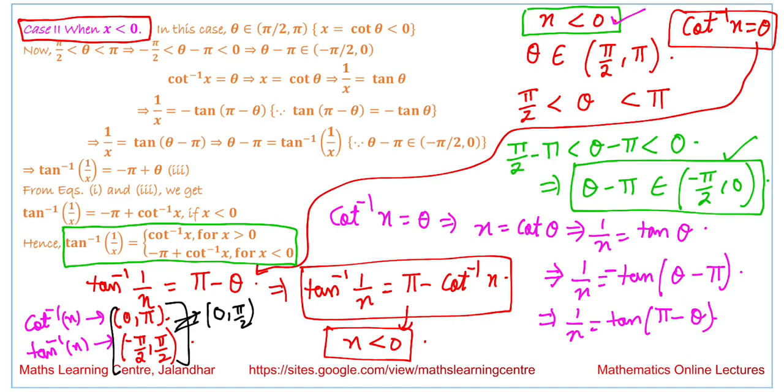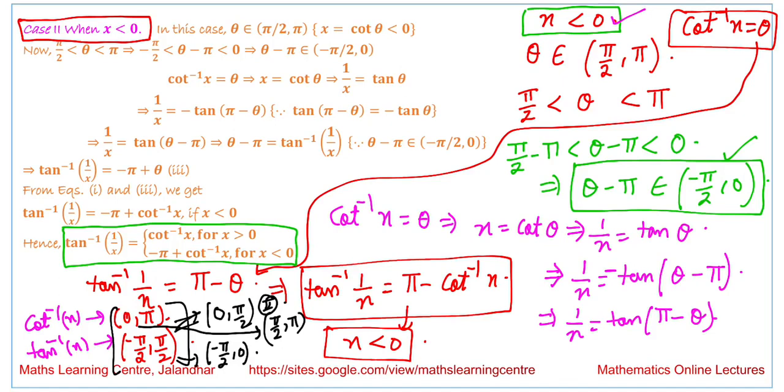So we obtain tan inverse of 1 by x equal to cot inverse of x. But for the negative values of x, the value of theta lies between pi by 2 to pi, that is in the second quadrant. Whereas for tan, the answer should lie between minus pi by 2 to 0.